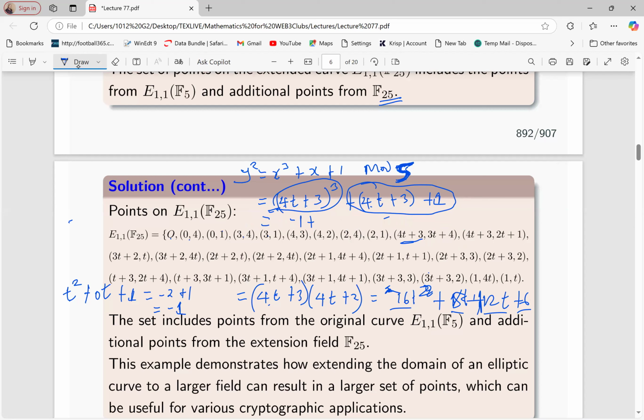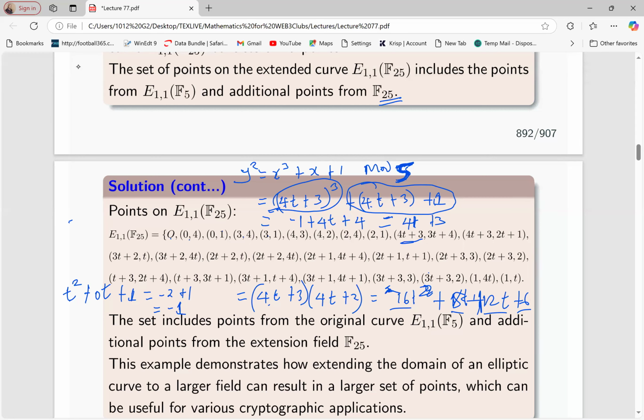Now add 4t to it, then add 3. Of course, 3 plus 1 is 4. So when you do this, you would find that you have 4t plus 3. So this is a y square.